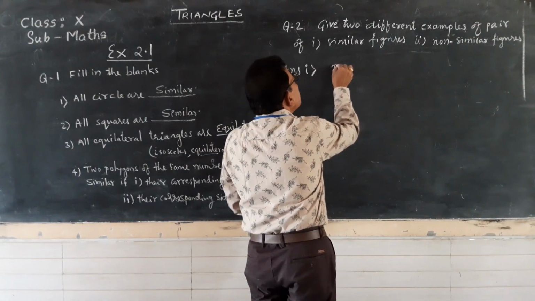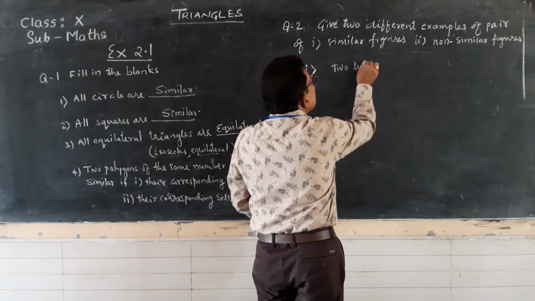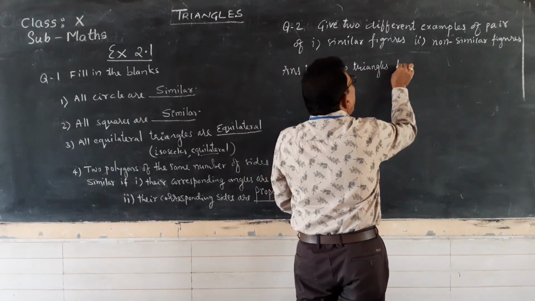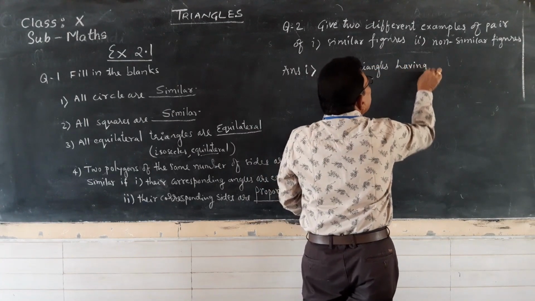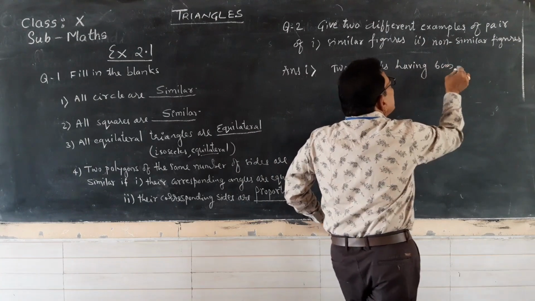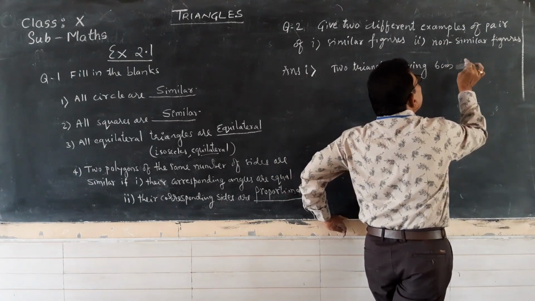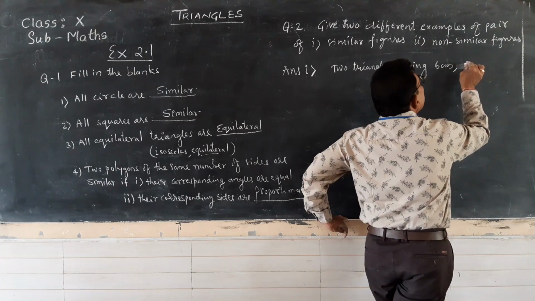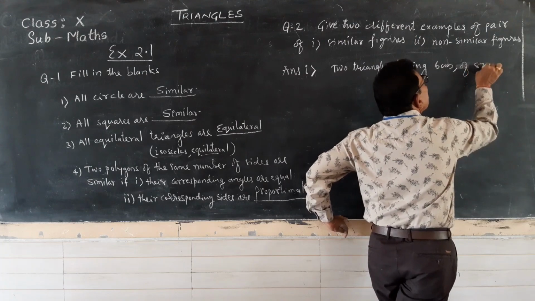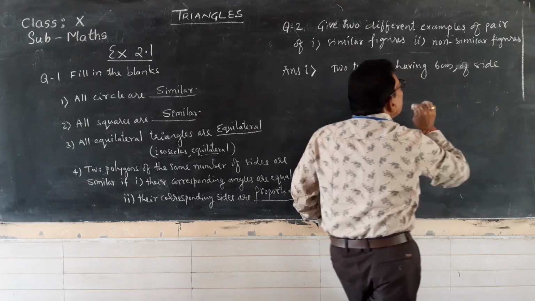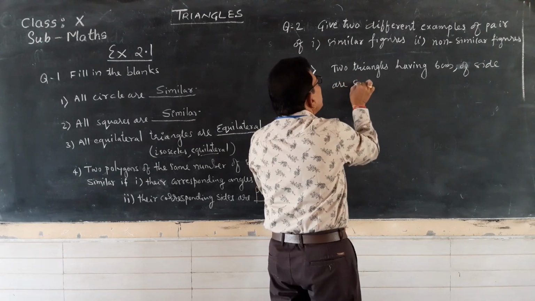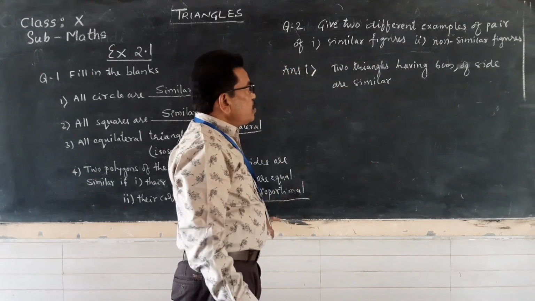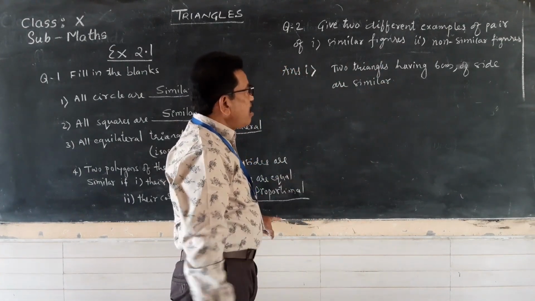Two triangles having sides of 6 centimeter each are similar.